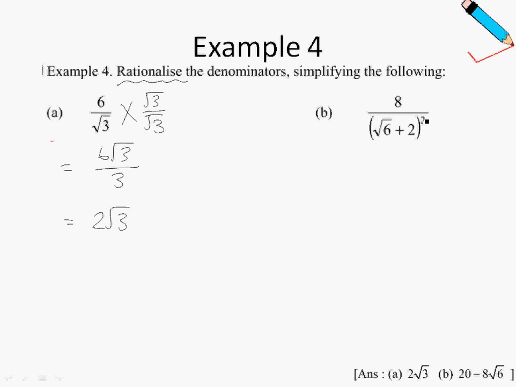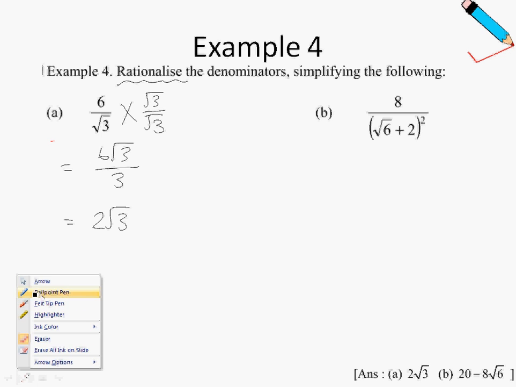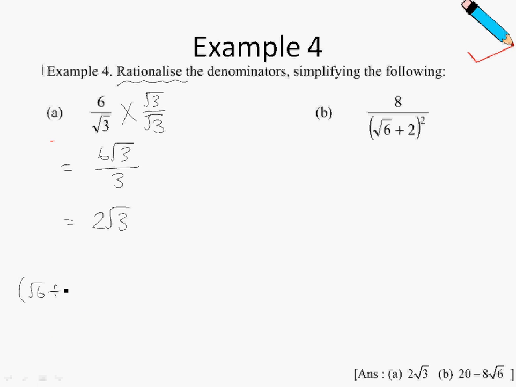Okay, what am I going to do? I will first expand out the denominator. So maybe at this point in time, let me do a side working over here to show you. So root of 6 plus 2 square, okay, is in the form of a square plus 2ab plus b square is equals to a plus b square. Okay, we kept this formula over here.